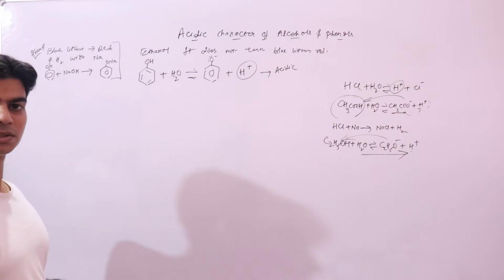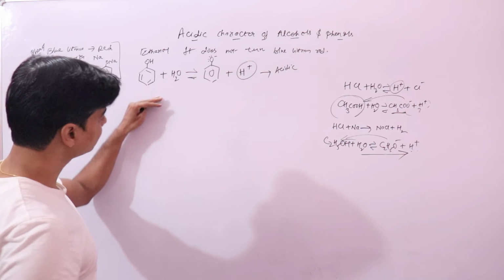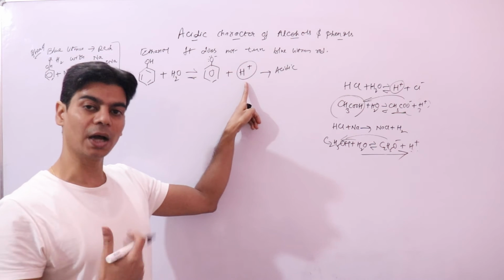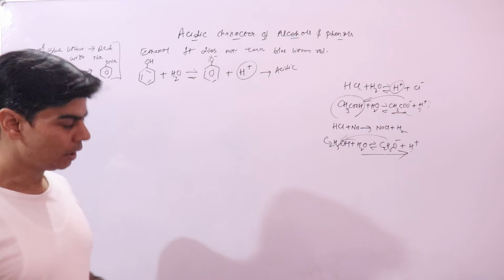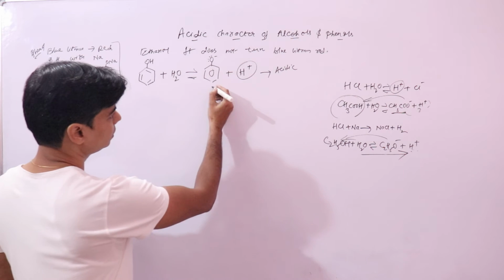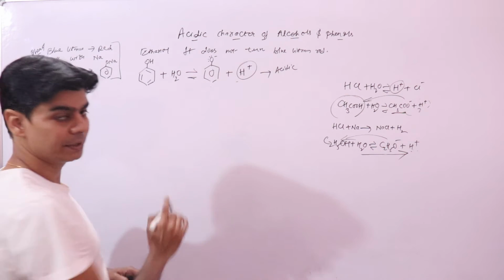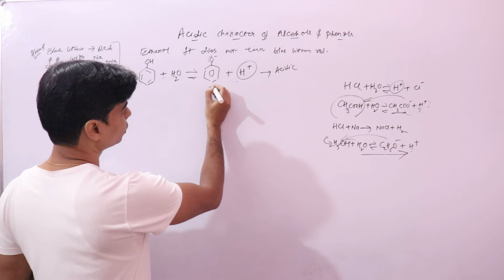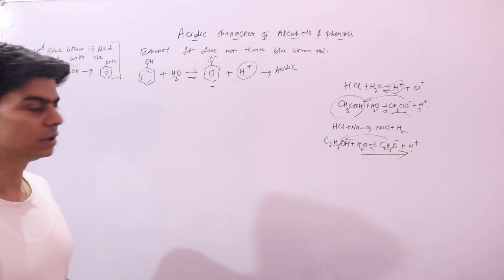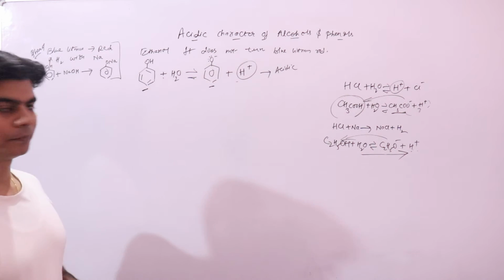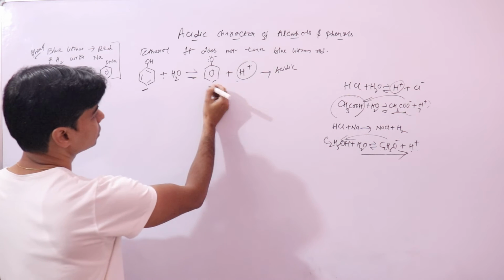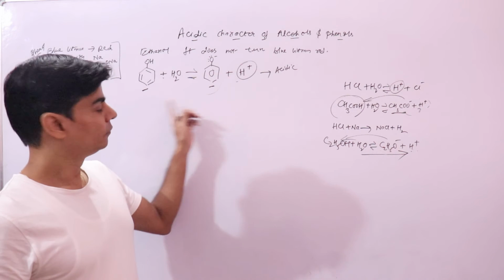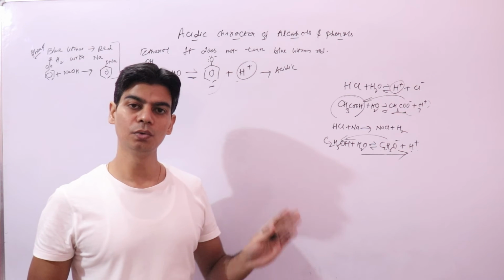Now since it is more acidic, that means in this case the forward reaction, in the direction where you have hydrogen ions, is favored. And how is it favored? That means these two are not reacting immediately to give you phenol back. Why? Because this is more stable and this is less stable. So the stability of phenoxide ion actually makes phenol more acidic compared to ethanol.